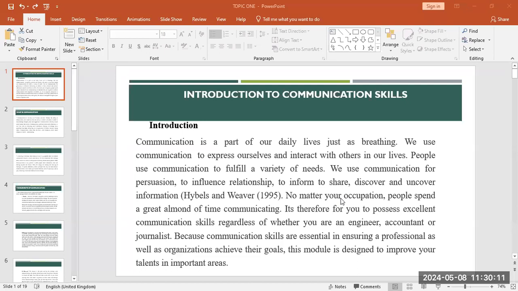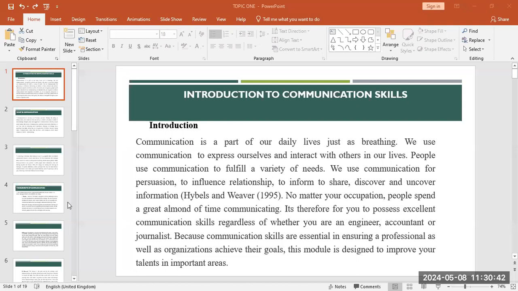Whether you are an engineer, a business person, an accountant, a customer care provider, a tout, or a driver, you need to have good communication skills, because at the end of the day, you will need to communicate to the people that need your assistance, or to the people whose assistance you need.